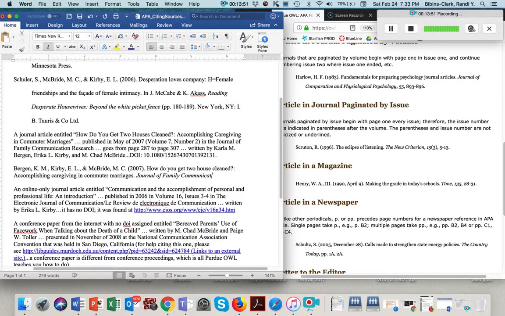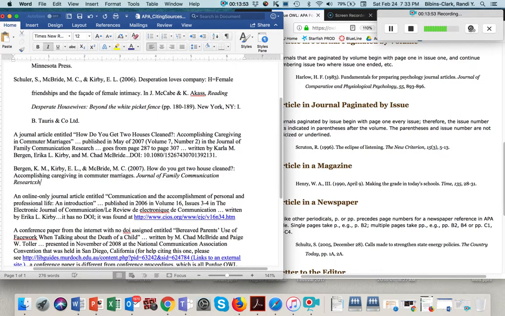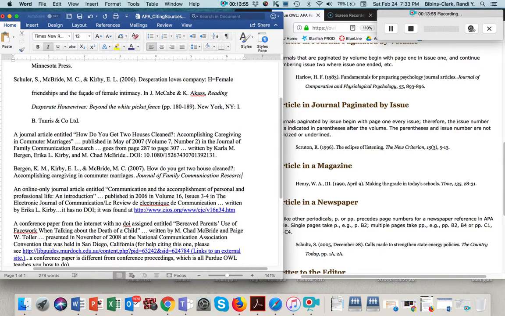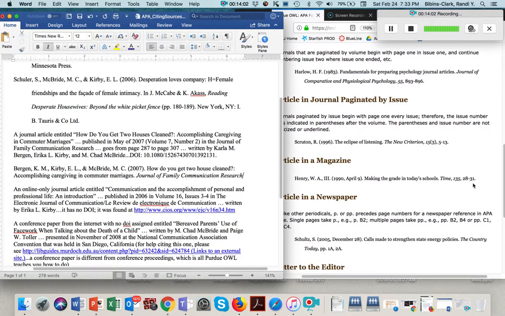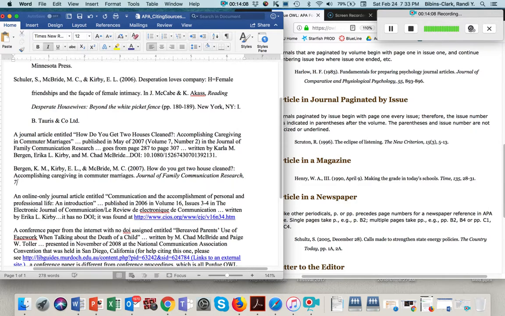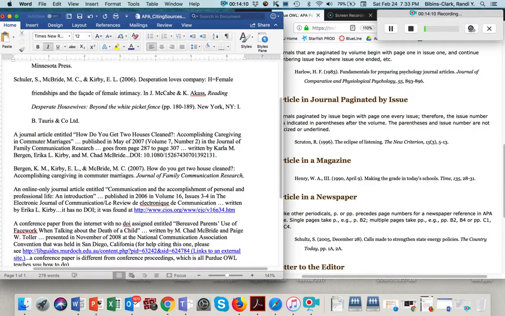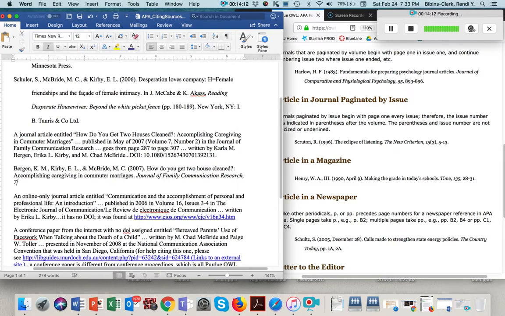Period. Right? Wrong. So I'm always checking. It wants me to put a comma after that. And then it wants the volume number, 7. Nope, not in parentheses. It wants the volume number, 7.